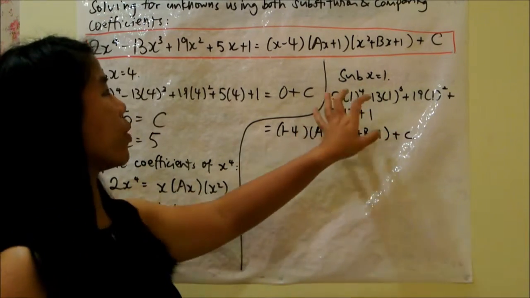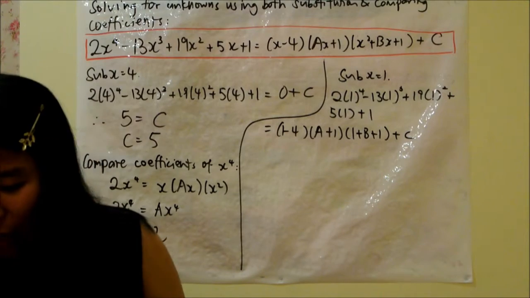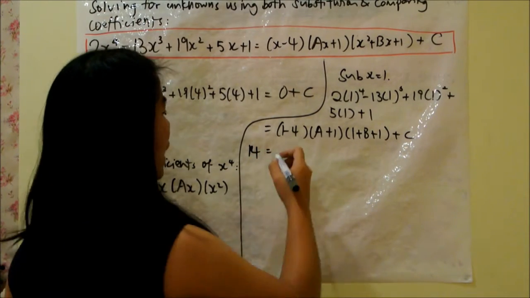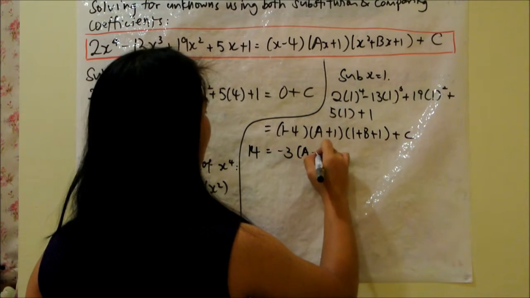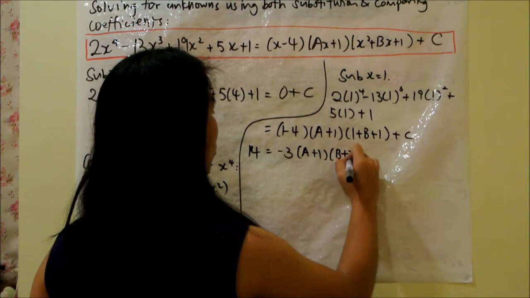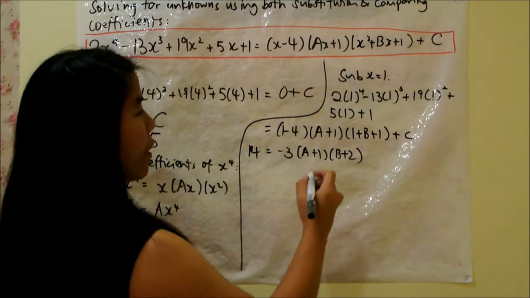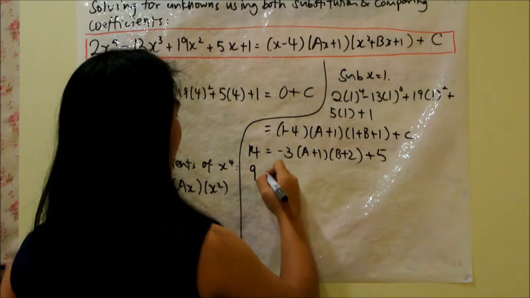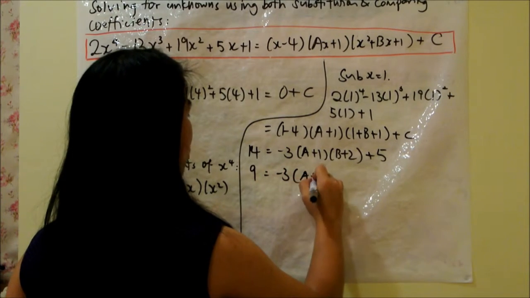If I evaluate the left hand side, I will get 14. And on my right hand side, I have -3, (a plus 1), (b plus 2), plus c, which I've already found, plus 5. So I will have 9 equals -3(a plus 1)(b plus 2).